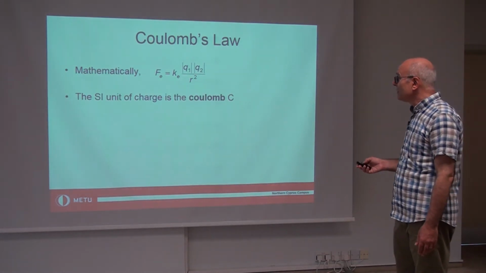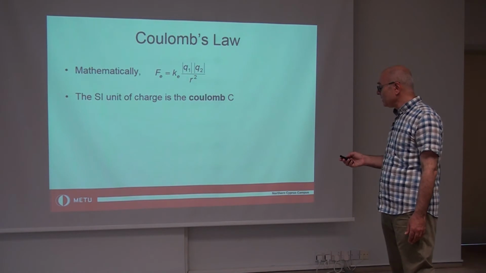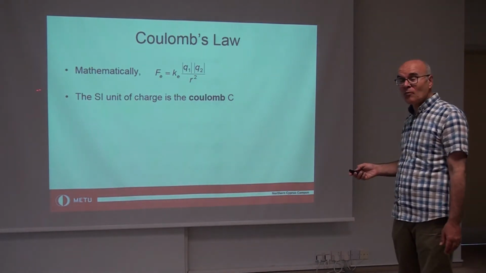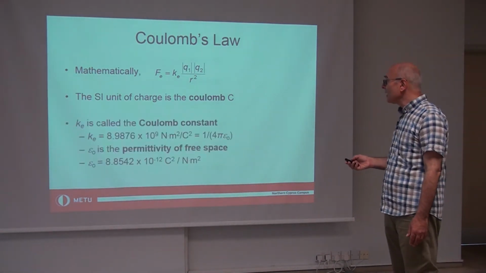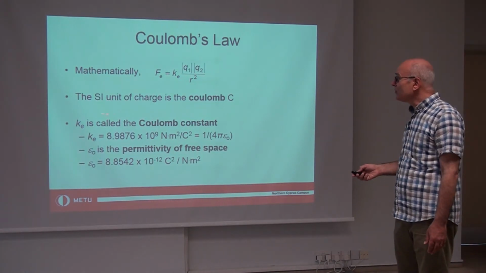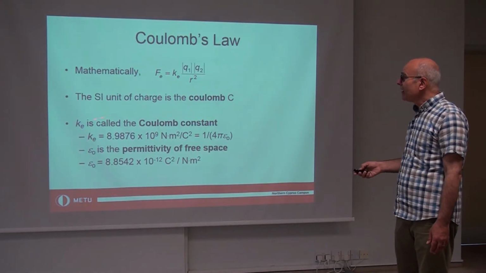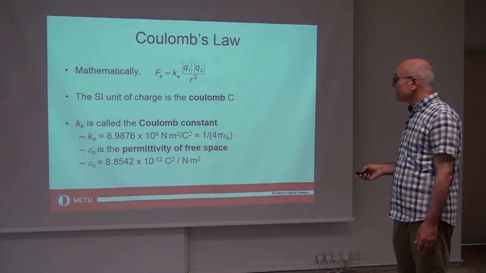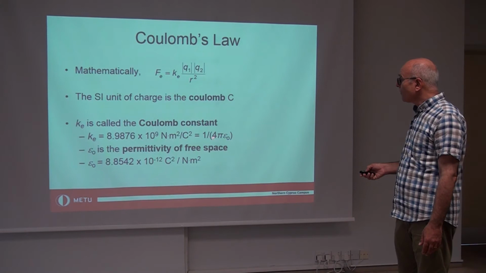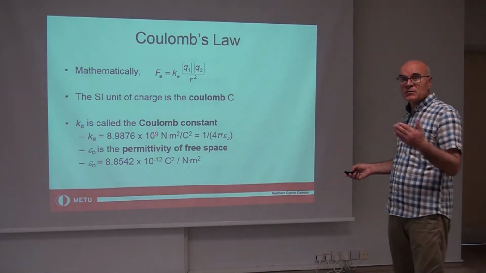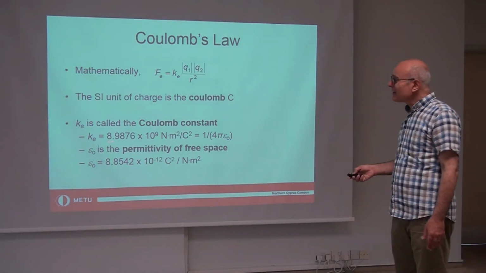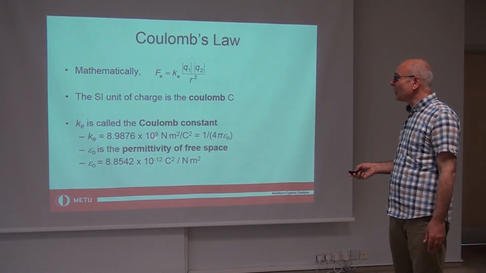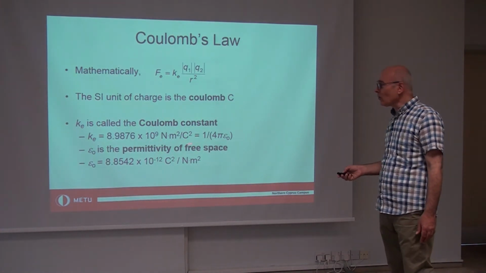We usually measure the charges in units of Coulomb, and when they are measured in Coulombs, this Ke is a constant called the Coulomb constant, given as 1 over 4 pi epsilon naught. So it's given in terms of another constant. This constant is roughly 9 times 10 to the power 9 newton meter squared per coulomb squared.